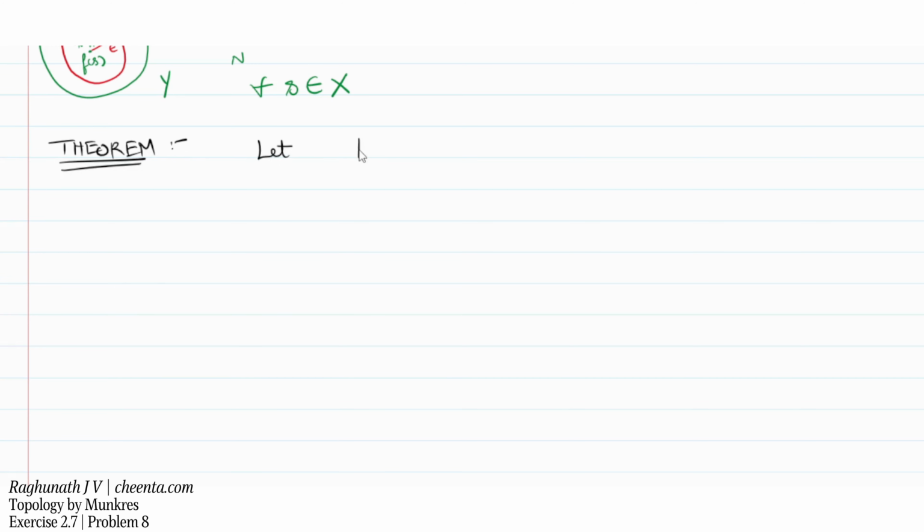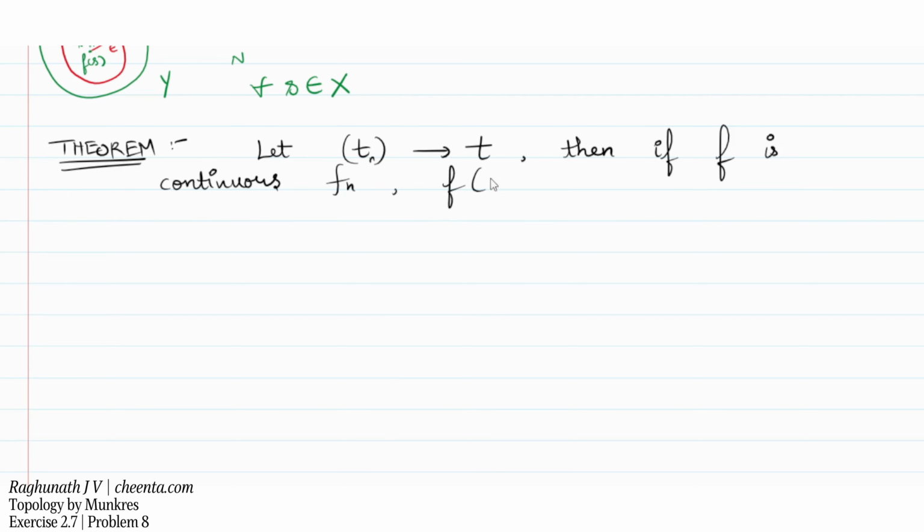let Tn be a sequence that converges to T, then if f is a continuous function, f of Tn converges to f of T. This is the theorem. The proof is very simple.